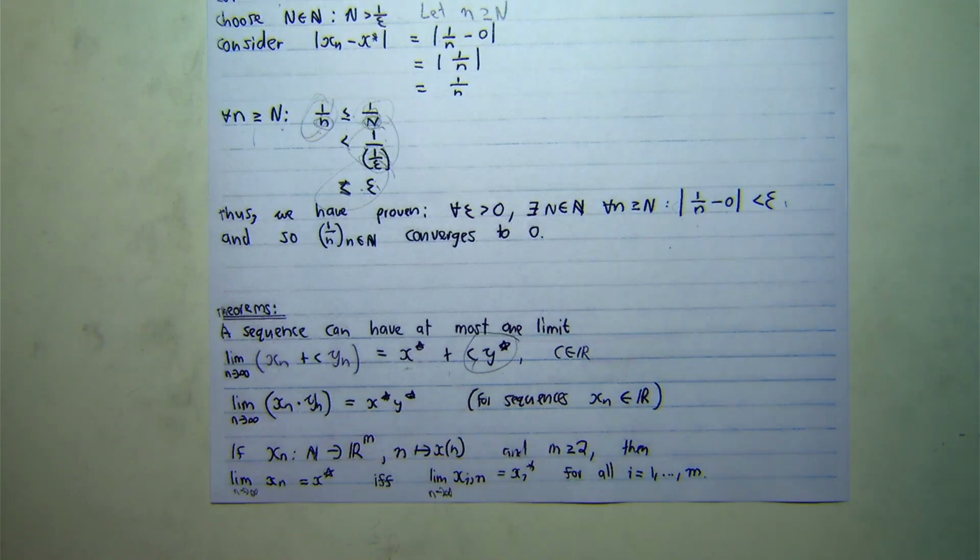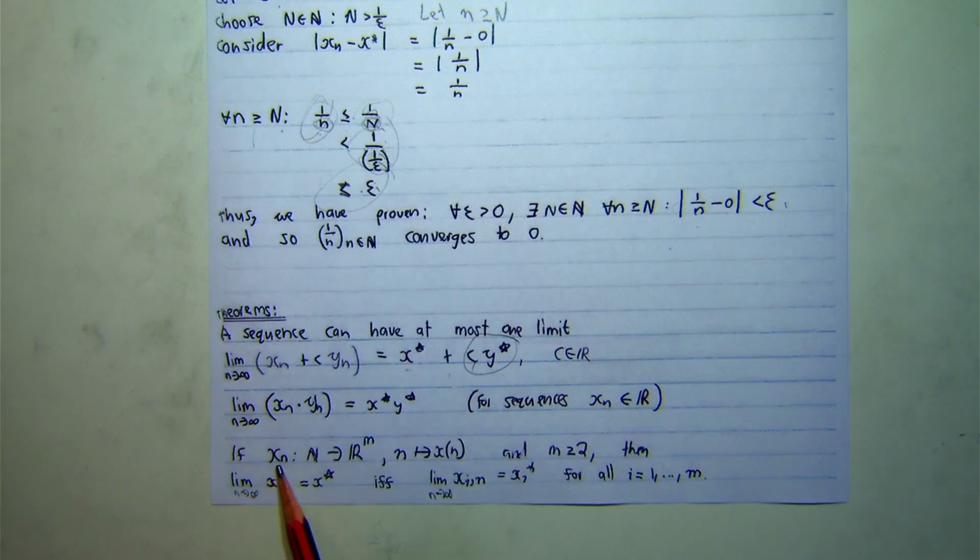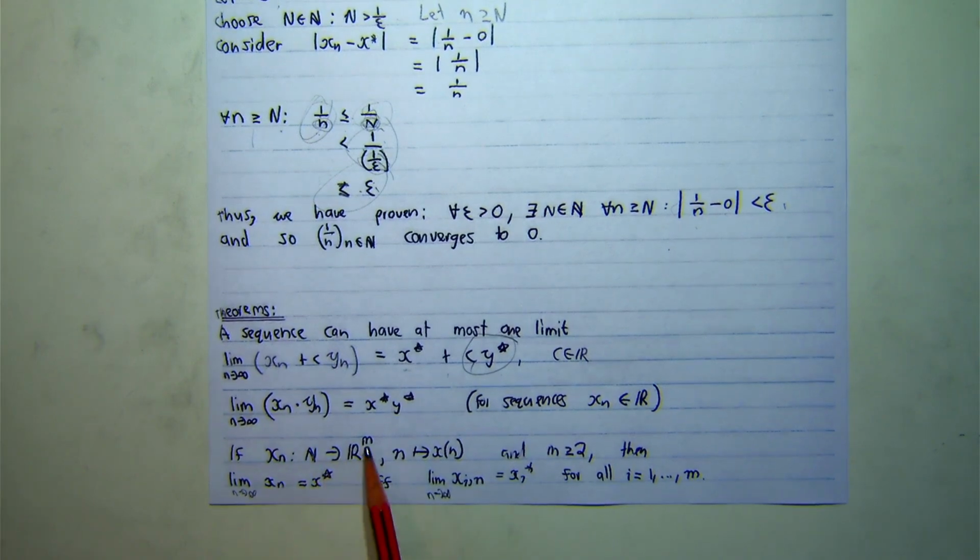And that's for sequences xn that are in R. Also, if xn is a natural number that maps things to Rm, which is a sequence output that has more than one dimension, so you could have a vector sequence, then the limit of that vector sequence is going to be the limit of every individual component of that vector. So if you want to prove the limit of that vector, you need to prove the limit of all of the components first. And that together will categorize the limit.